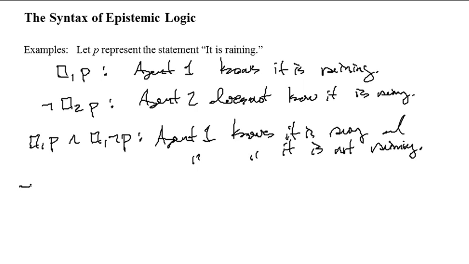What if we write not box 2 P and not box 2 not P?